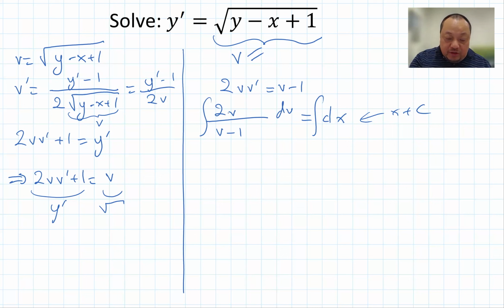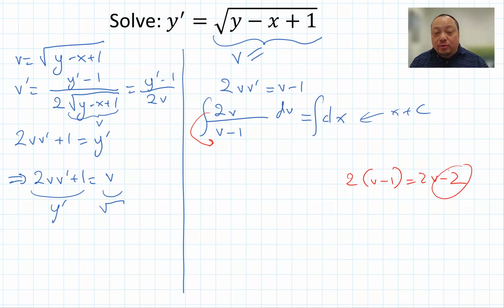Or you can manipulate some algebra. I noticed that 2v is almost twice of v minus 1. The actual 2 times v minus 1 is going to be 2v minus 2. So I'm missing a minus 2. I'll do like completing the square, except that I'm not completing a square, I'm completing a multiple. So I want 2v minus 2, so I'll put in a minus 2.